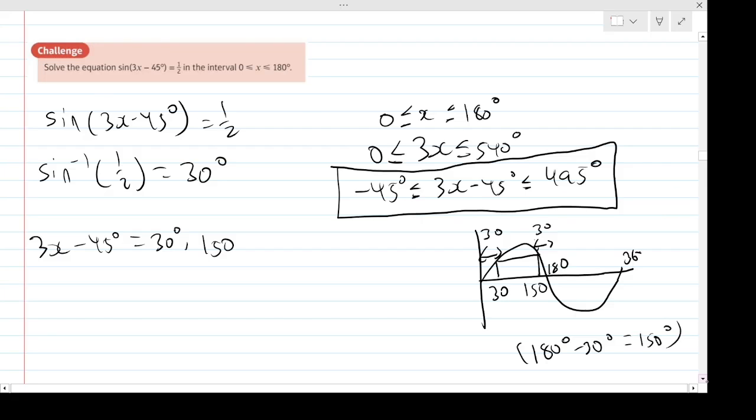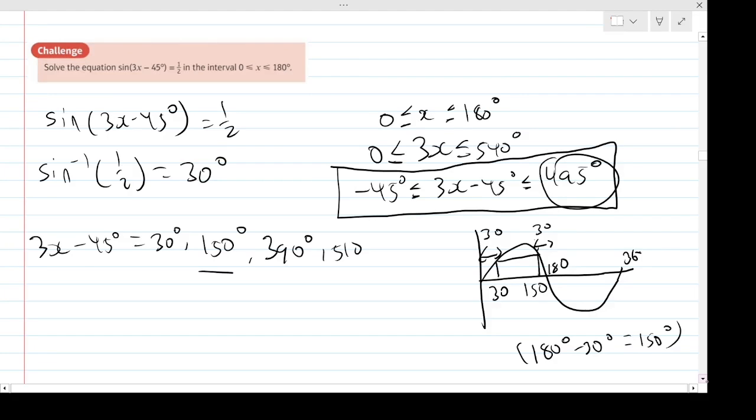Well then, to get more solutions we just need to add 360 on, because then the graph repeats every 360. So if we add 360 to 30, we get 390. Then if we add 360 onto 150, we get 510. Well, that's out of the limit, isn't it?